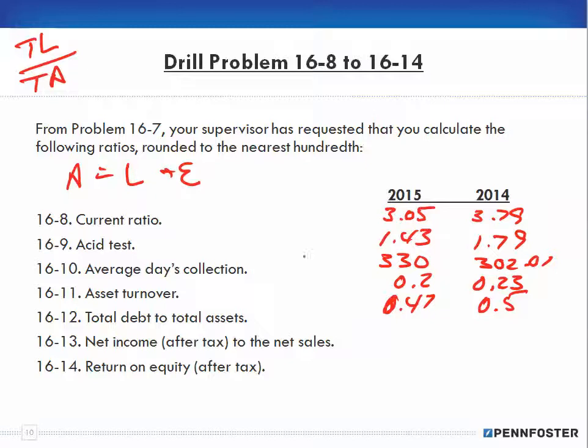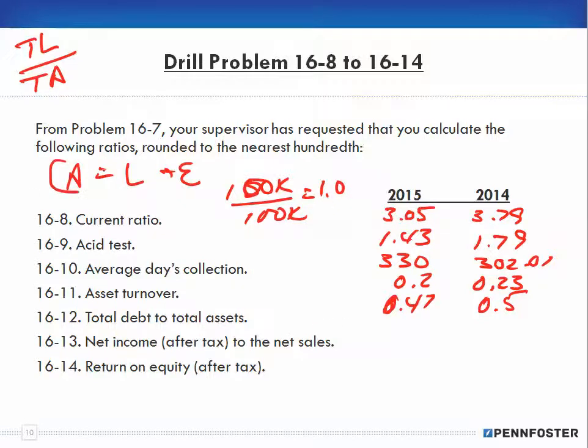Well, I'm just going to throw out quick numbers here. If I have 50,000 in liabilities and 100,000 in assets, that's 0.5. If I have 100,000 in liabilities, that means I have a ratio of 1.0, which means now I'm break even.